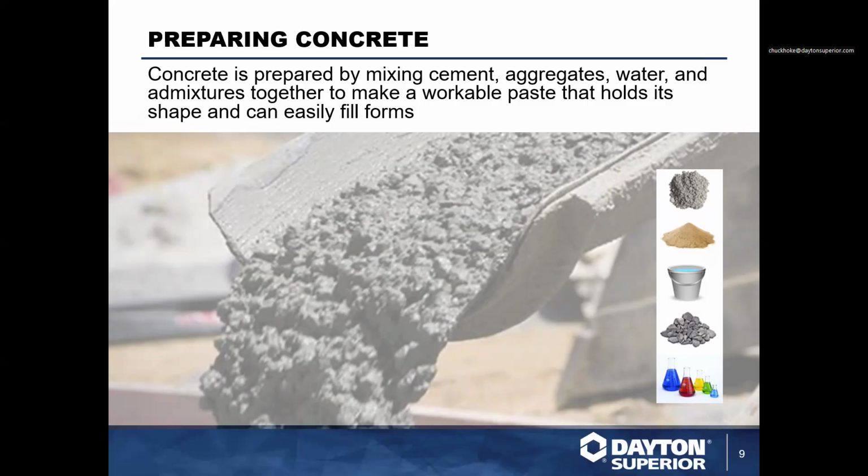It's a lot like mixing bread dough. If you mix too much of one component in, you're going to get a different result. So concrete is typically prepared by mixing the cement, aggregate, water, and admixture together to make a fluid paste that typically can be used to form and fill the void forms without leaving any voids.